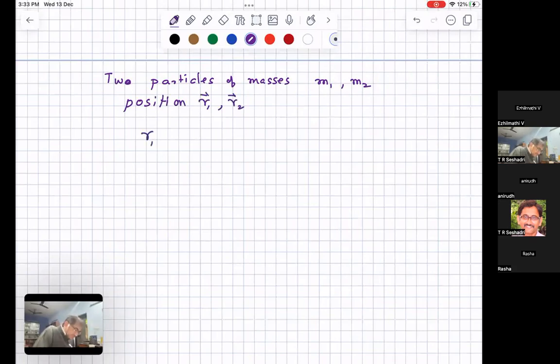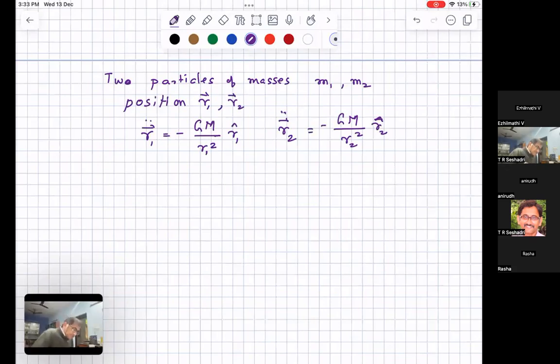So the equation of motion for both these will be identical.